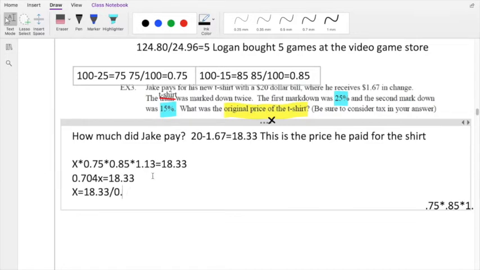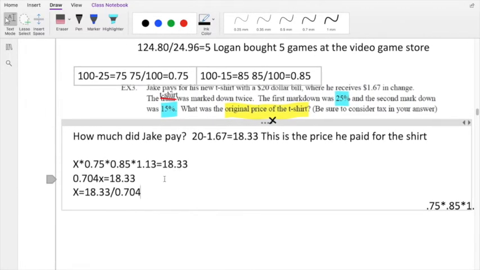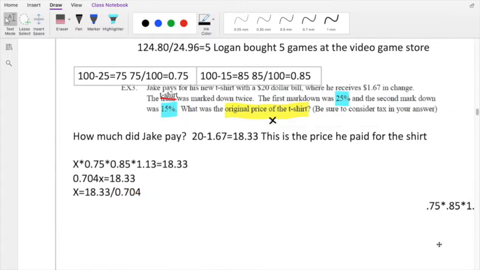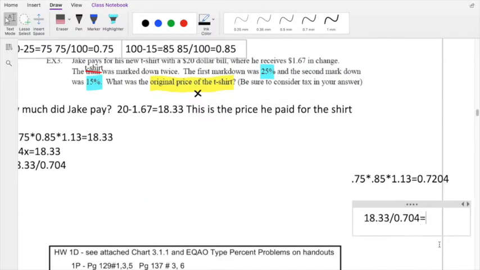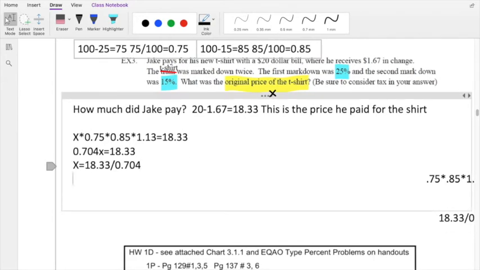And that's going to equal $26.04. So that means the original price of our item was $26.04.